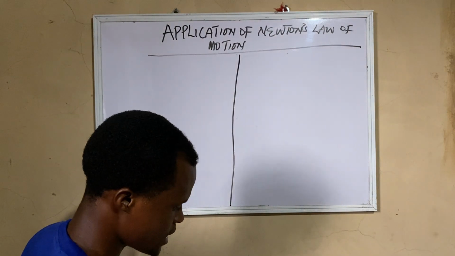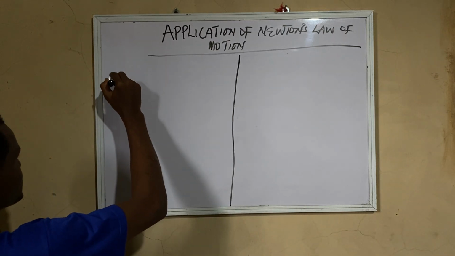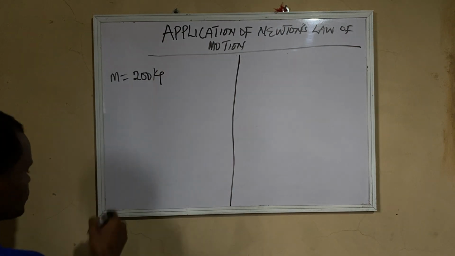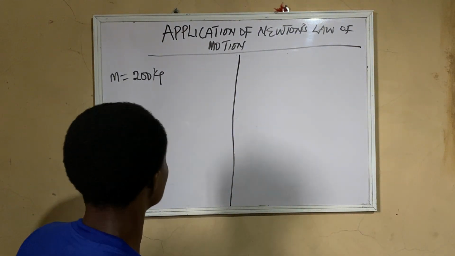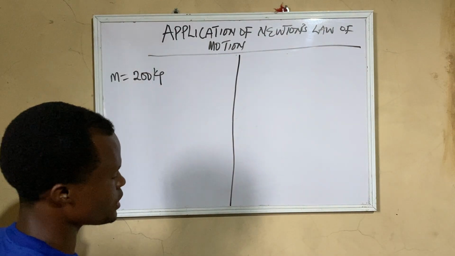So the question here says a car of mass 200 kilogram. So we have our mass to be 200 kilogram, moving with a speed of 30 meters per second. With a speed. Now, there's something I want to bring out here.